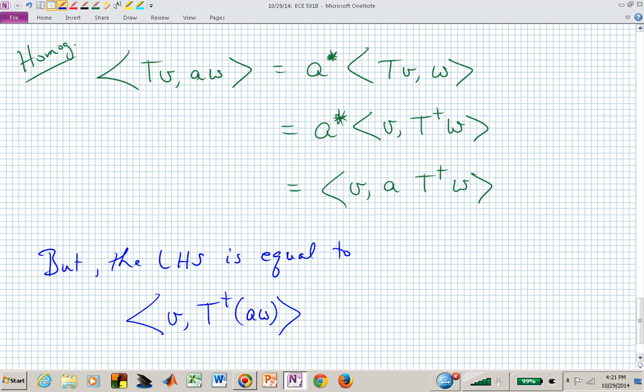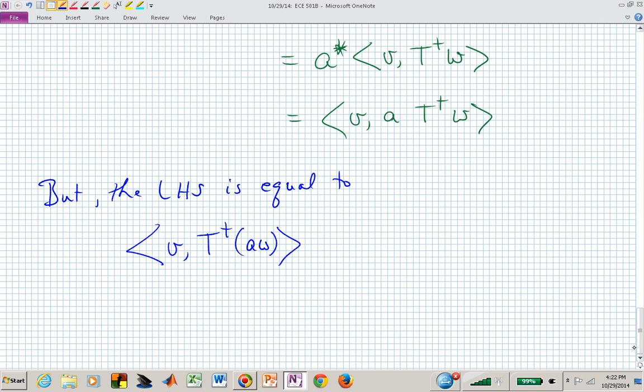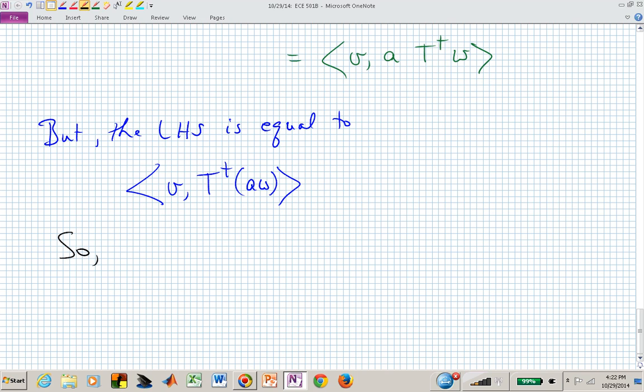Is that true? That's the definition of the adjoint. And now if we are allowed to make the connection with the second slot, which is what I'm assuming is true, then T dagger of aW is equal to a T dagger of W. And that's the homogeneity.